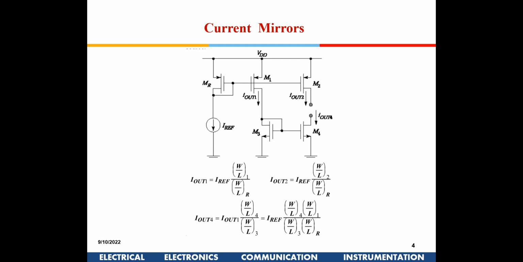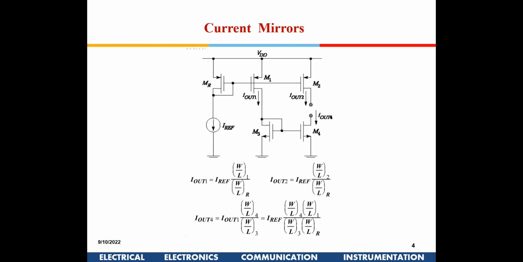Can we connect it to the source also? For NMOS I am talking, like if we want to make a current source, in the assignment we have to do it in a cascode. If you connect the body terminal of the NMOS to the source terminal, then it will affect the body effect, because the substrate bias voltage is 0.